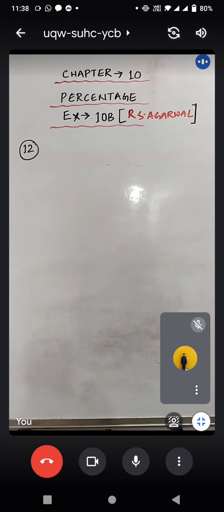So in question number 12 we have a chalk that contains 3% of carbon, 10% of calcium and 12% of oxygen.